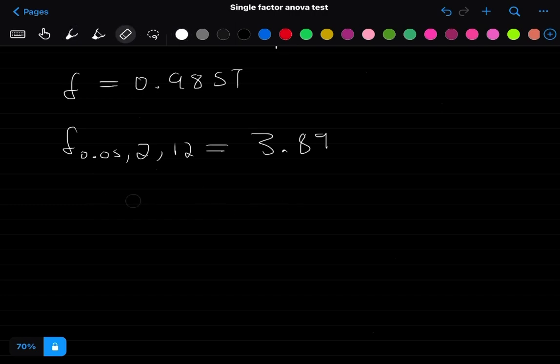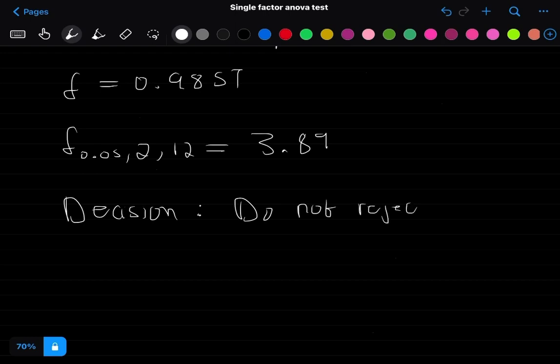So our decision will be that we do not reject the null hypothesis, since F is less than 3.89.